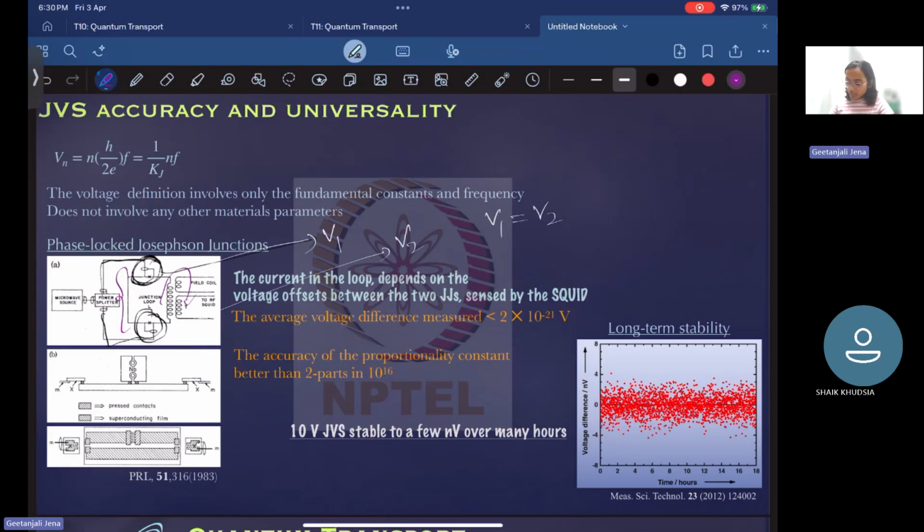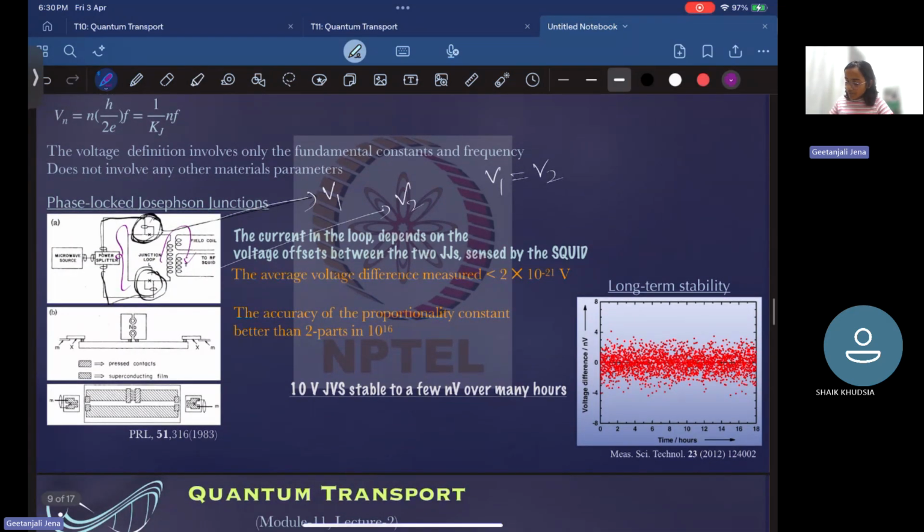So in this way, they have measured whether there is an error in measurement using the Josephson junction as a voltage standard. And what they have found is that the average voltage difference, that is delta V, which is V1 minus V2, is less than the order of 10 to the minus 21.